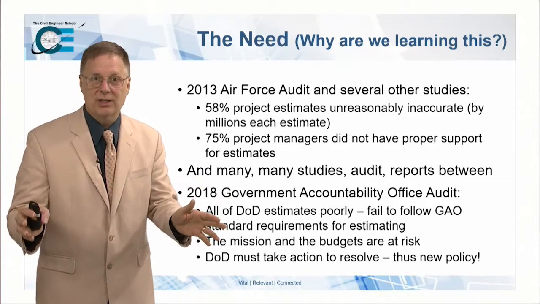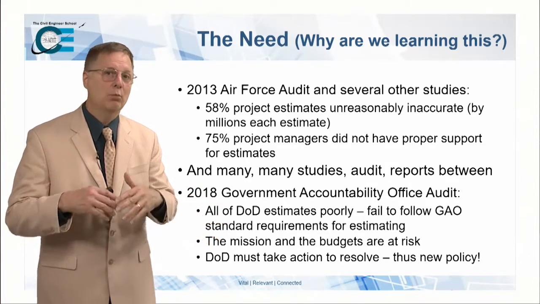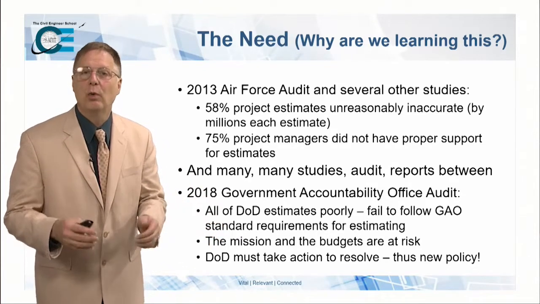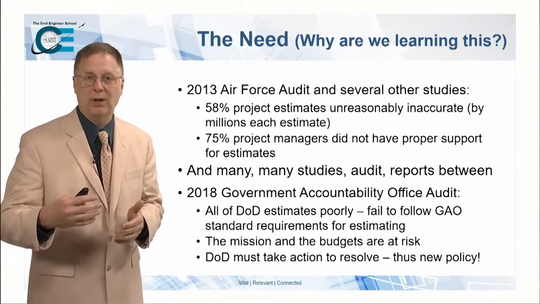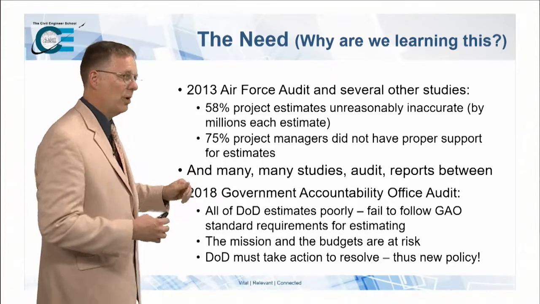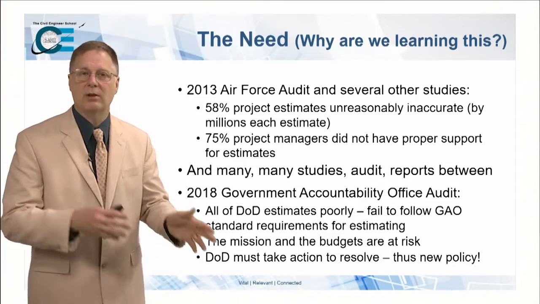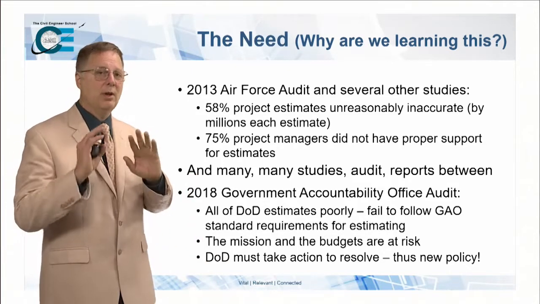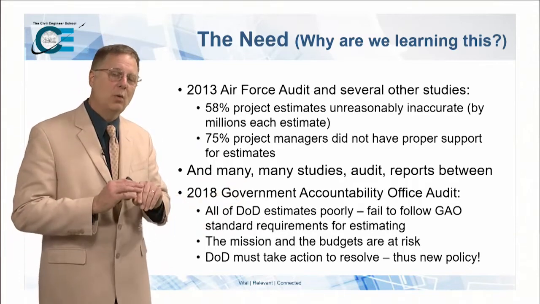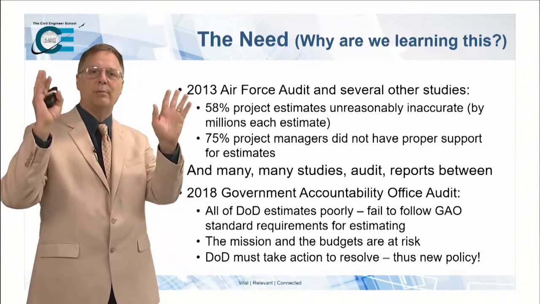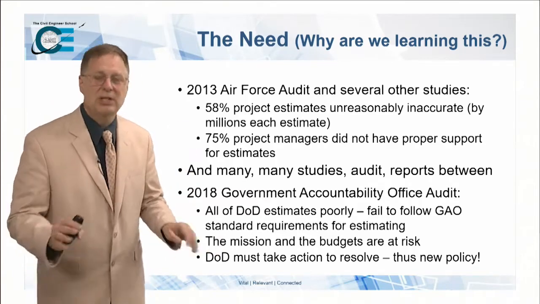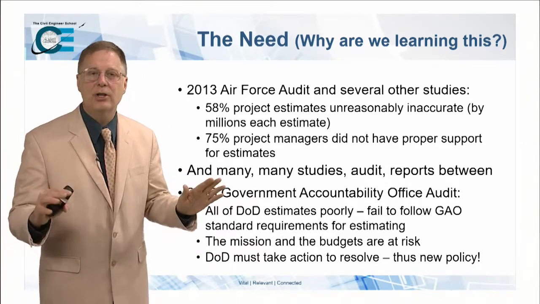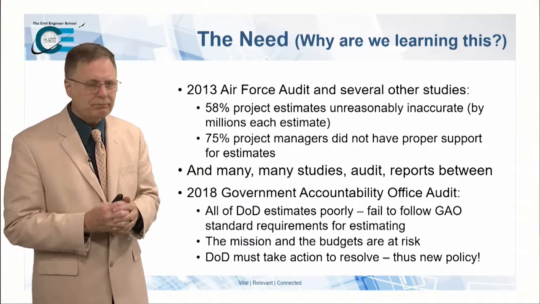50% of our projects are off by more than 25%. They are unreasonably inaccurate in the estimates that we provide to the approval agency. Whether it be to our own O&M program, the military construction program, whichever program you're in, whether it be at the local levels, the air staff levels, or the congressional levels, 50% of our projects on average are off unreasonably.